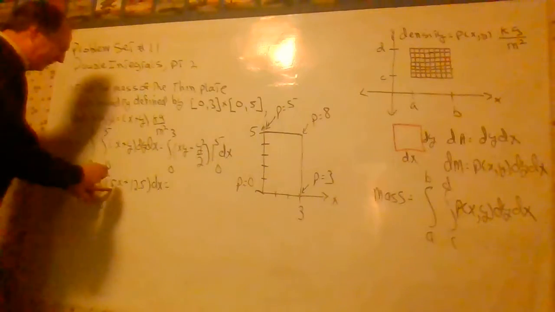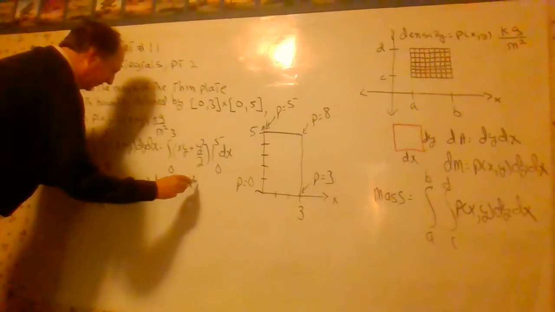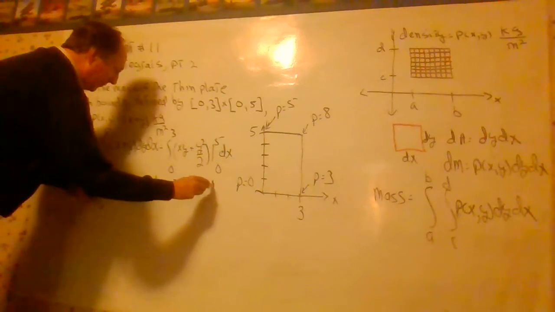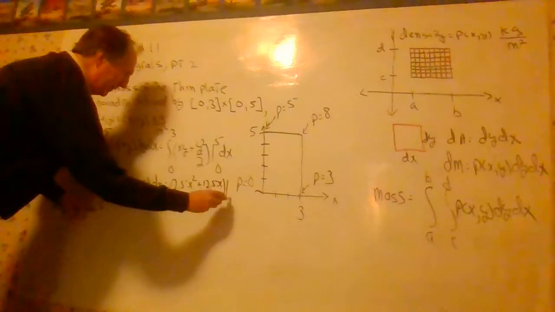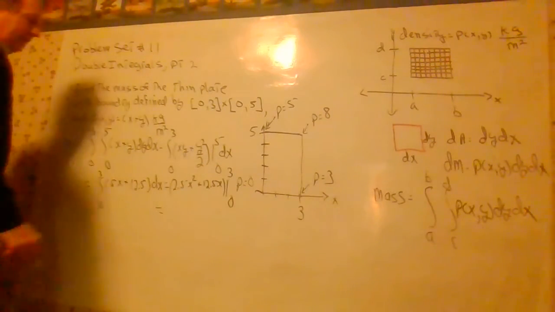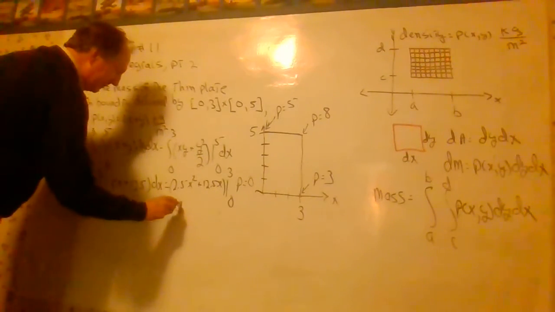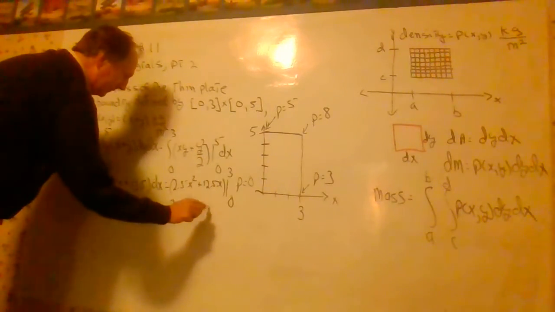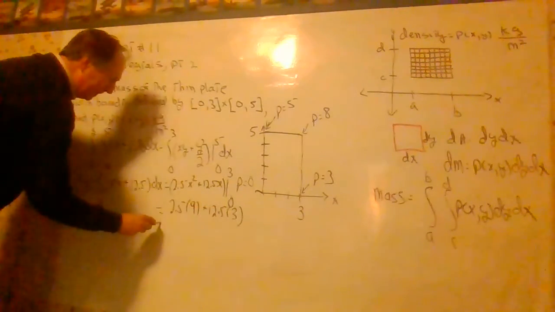And this gives you 5x squared over 2, or 2.5x squared, plus 12.5x. You can always do this with fractions if you want. From 0 to 3. And plug in 3 gives you 9 times 2.5 plus 12.5 times 3.